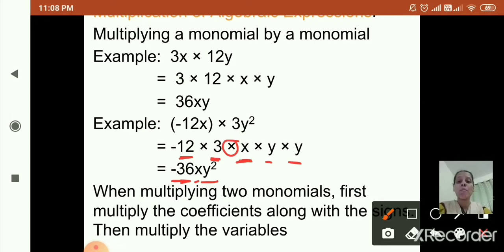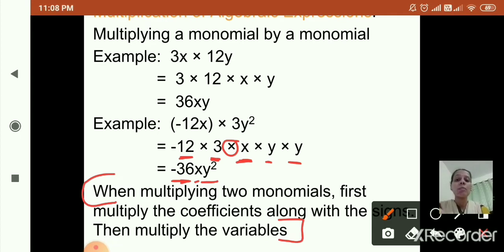These are the two examples where we are multiplying a monomial by a monomial. So what is the rule while multiplying a monomial by a monomial? When multiplying two monomials, first multiply the coefficients along with the signs, then multiply the variables. Coefficients are the numbers we write in algebraic expressions, and variables are the letters we use for writing algebraic expressions.